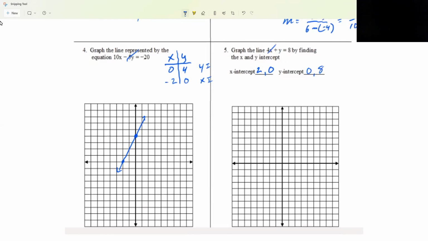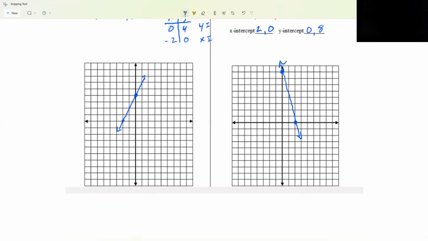You're going to get 8. And you plot those 2 points. Go up to 8. So 1, 2, 3, 4, 5, 6, 7, 8. Okay. And 2, 0 right there. And then there's your line. Poof, done.